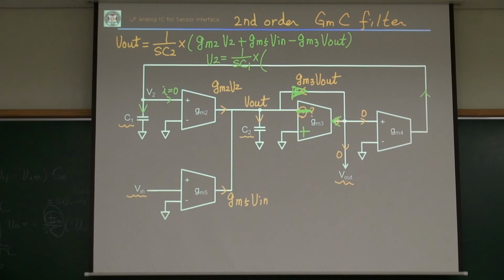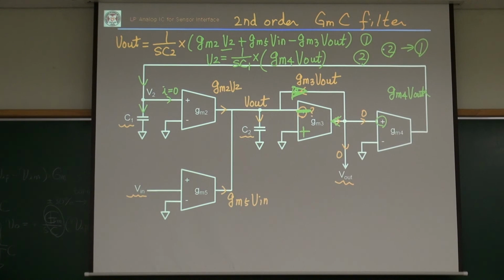Because this is positive, this is GM4 V out. That current flows in. So this is GM4 V out. Okay? That's it. So I substitute V2, the equation 2, into equation 1.